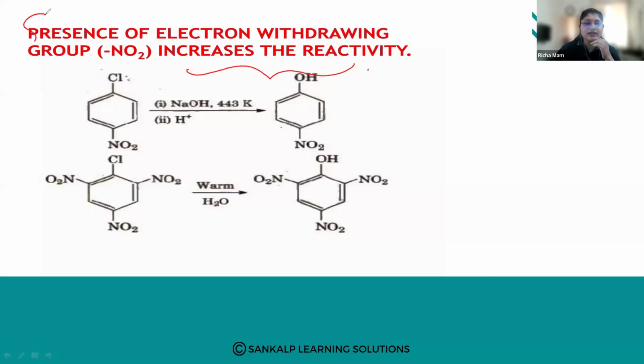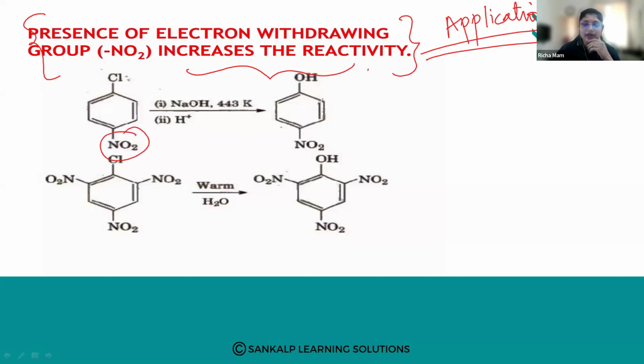Like this, the question is asked from the applicative point of view: how does the nitro group increase the reactivity? As the carbanion is formed, the negative charge can be stabilized at ortho and para position with respect to the nitro group, and thus the reactivity increases.